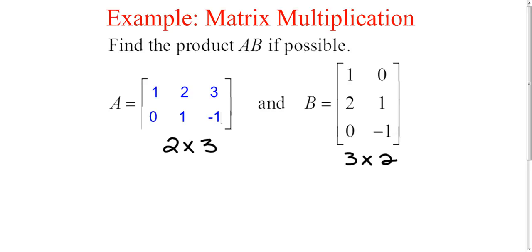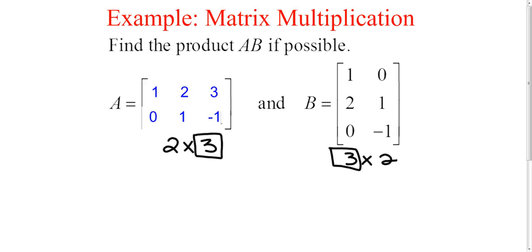What you need to know is that not every matrix can be multiplied by every other matrix. Okay? In order for you to be able to multiply them, these two inside numbers have to match. So the number of columns in the first matrix has to match the number of rows in the second matrix.